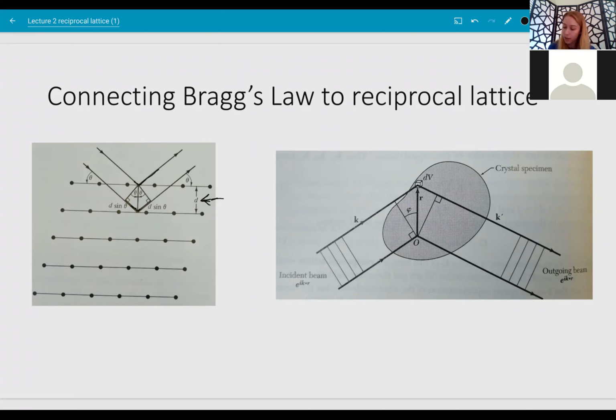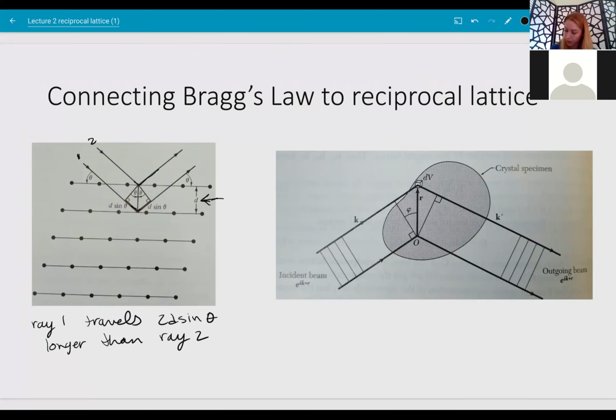Let's call this one 1, and this one 2. So ray 1 travels some distance longer than ray 2. It travels a distance 2d sine theta longer than ray 2. So for these two rays to constructively interfere, this path length difference must be an integer multiple of the wavelength of light.